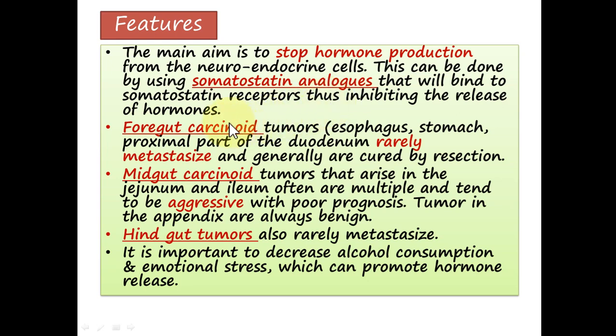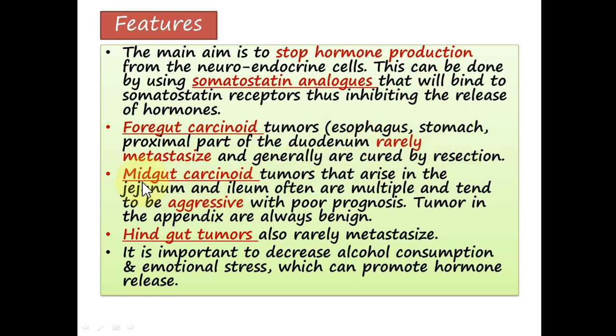Generally, the neuroendocrine tumors, the carcinoid tumors that occur in the esophagus, stomach, and proximal part of the duodenum, are comparatively innocent and rarely metastasize, and when surgically removed, they are cured.